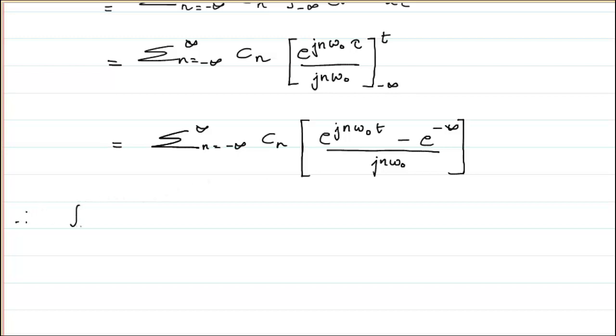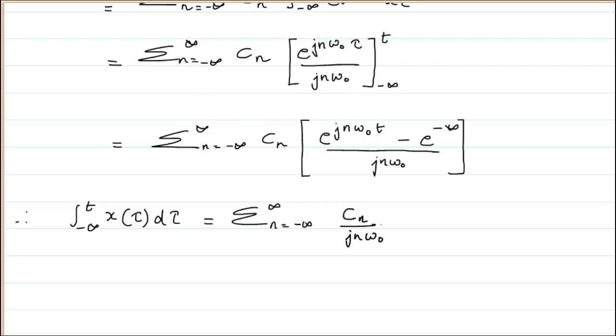Therefore, if I look at the integral from minus infinity to t of x of tau d tau, then it will be summation n equals minus infinity to infinity, and now I take this factor with Cn, so I get Cn divided by jn omega naught, multiplied with whatever is remaining, which is e raised to power jn omega naught t.